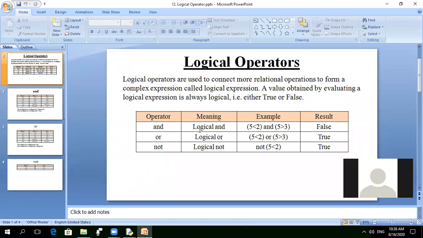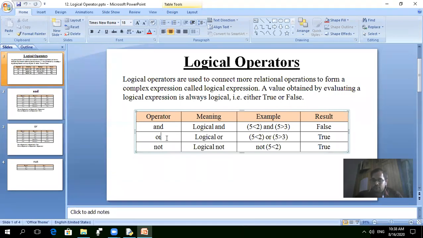Logical and says that if both the conditions, or you can say both the expressions, are true, then only the result is true. Otherwise the result is false. This topic I have covered in Boolean algebra also. Second one is or.